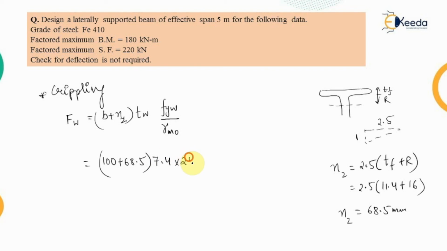Now Fyw is still 250 divided by 1.1. Now this value that we are getting comes out to be 283.4 kilonewton, which is greater than the value of externally applied shear force, that is 220 kilonewton. So that means our section is capable enough to resist the web crippling.